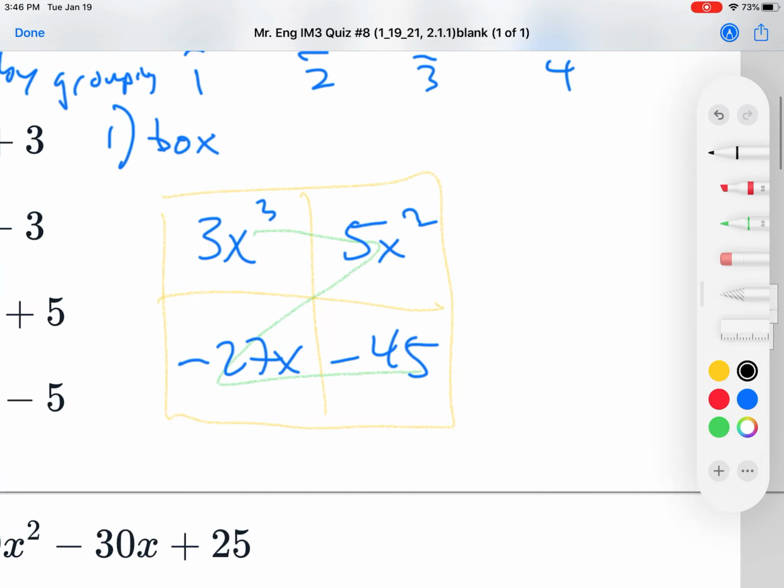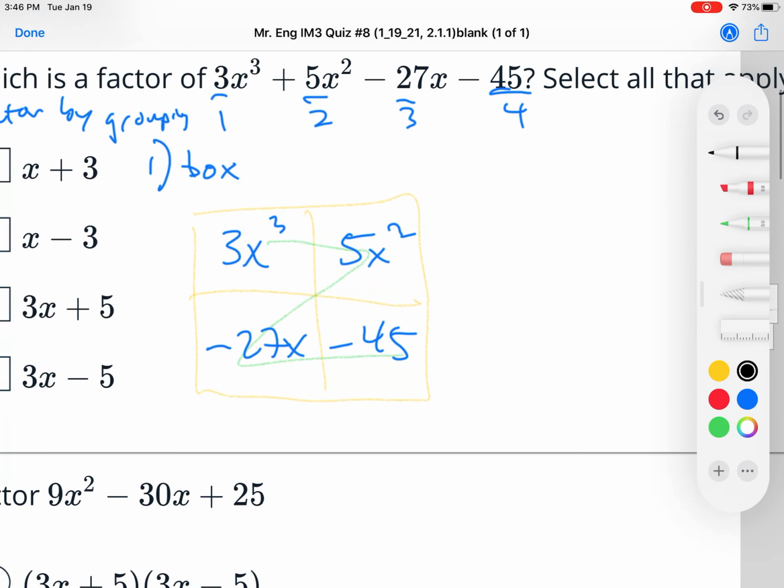In this method, I'm trying to find the GCF of this column, going up and down, and I think it's 3x. And then the row going in this direction, the GCF is x squared. And then this one is going to be a minus 9. And this one will be a positive 5.